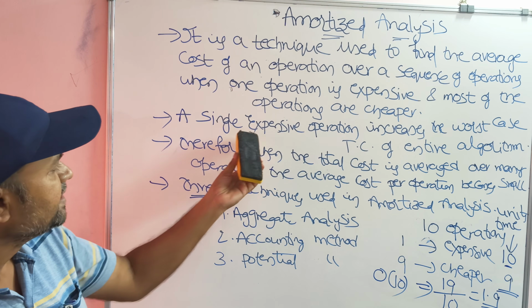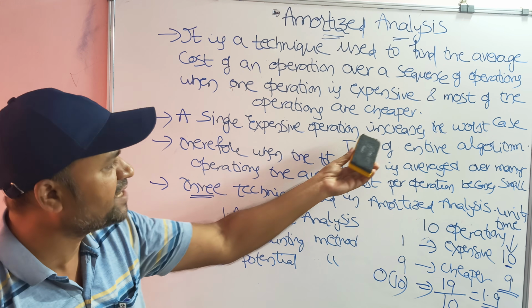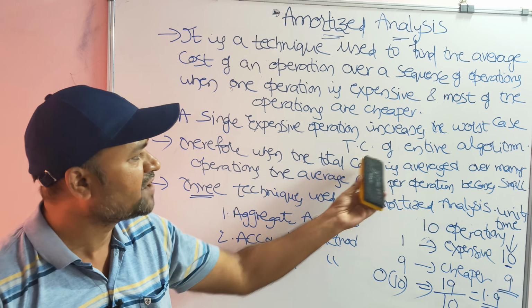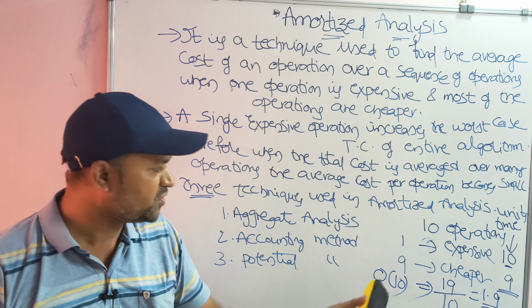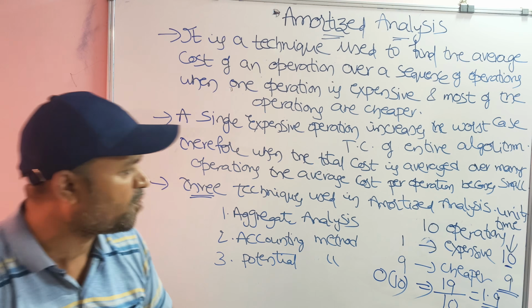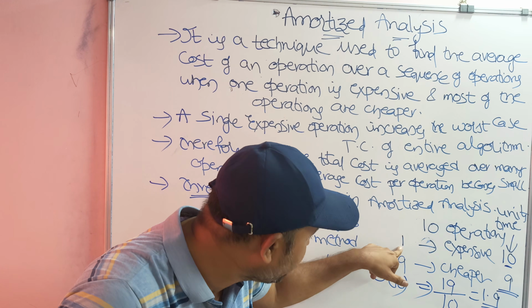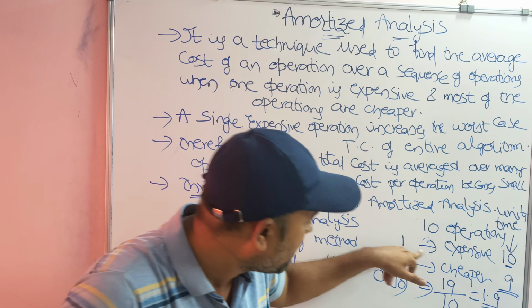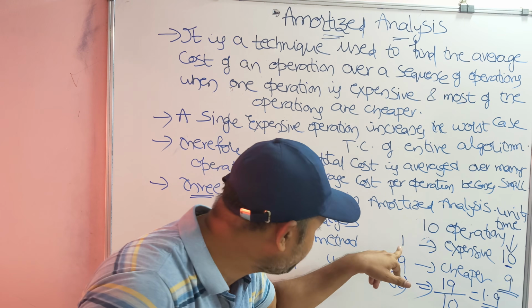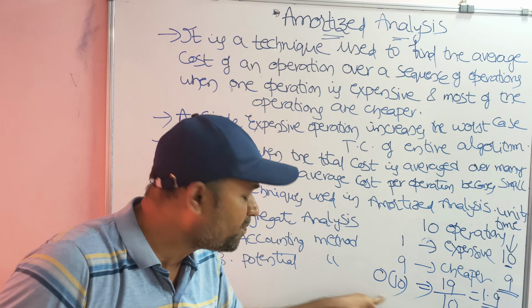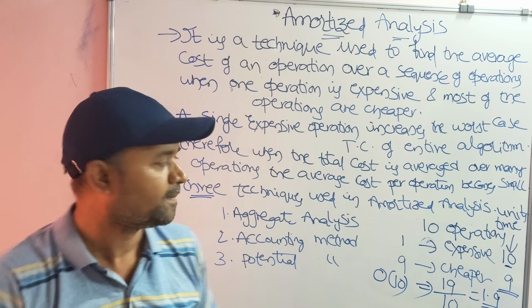Next point: a single expensive operation increases the worst case time complexity of the entire algorithm. So here, if we calculate the worst case time complexity, this one instruction has time complexity order of 10. Because of this instruction, the time complexity becomes order of 10.